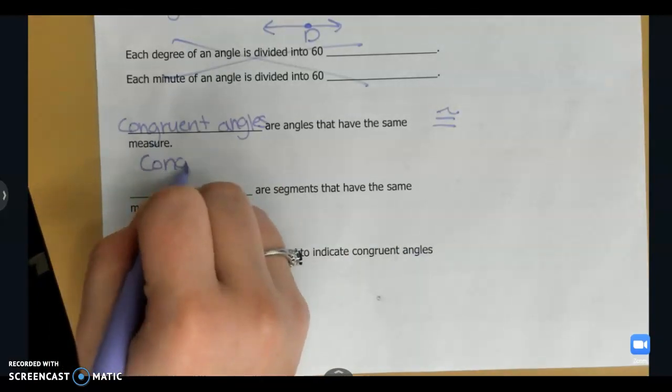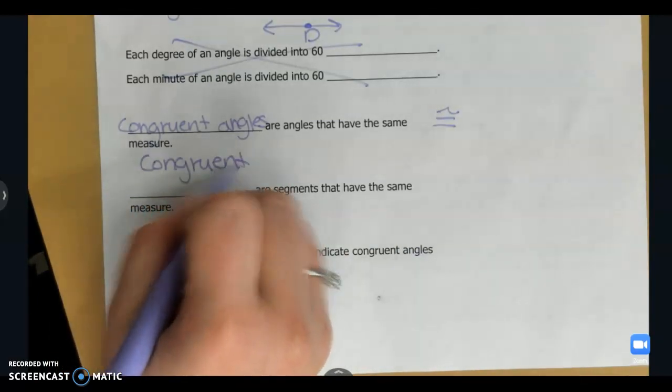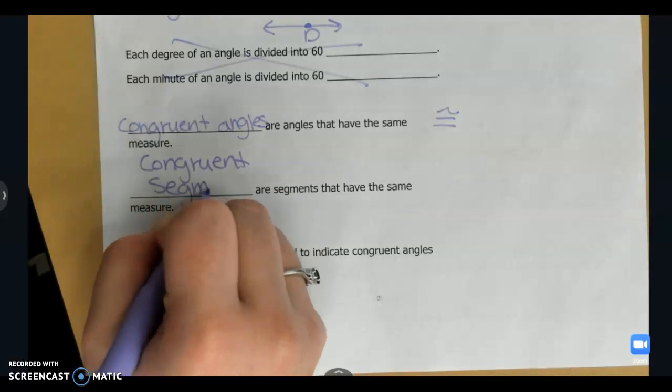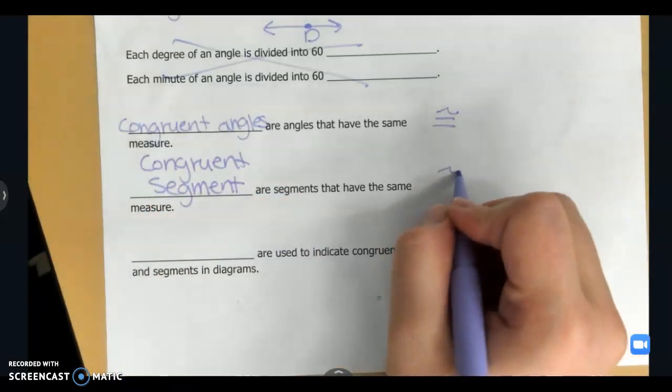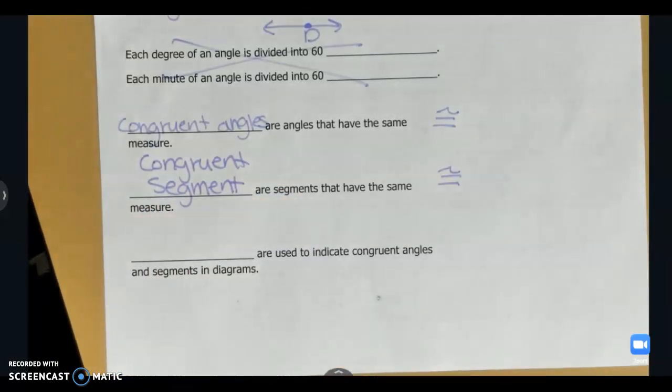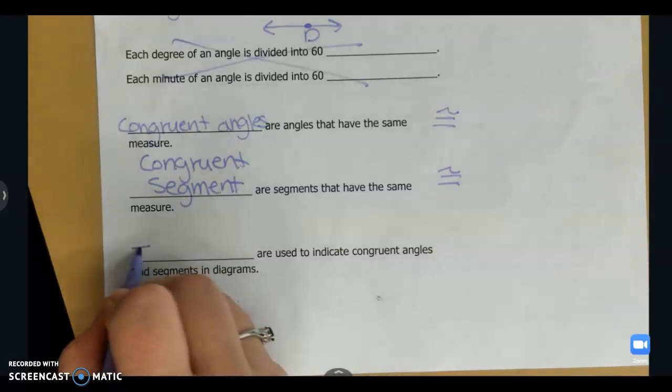Congruent segments. So segments that are the same length. Again, congruent, squiggly line above an equal sign. And then what do we use to tell us if angles and segments are congruent in diagrams? Tick marks.